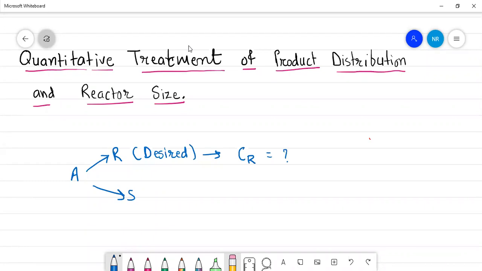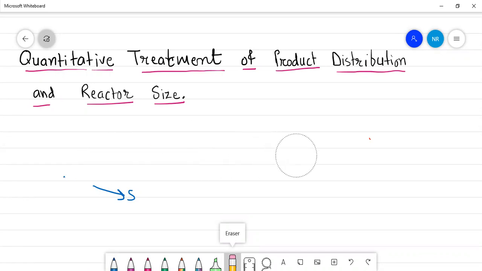There are two terms we discussed also in the last class, in the quantitative treatment of product distribution.